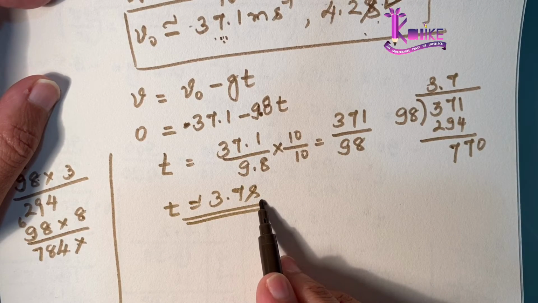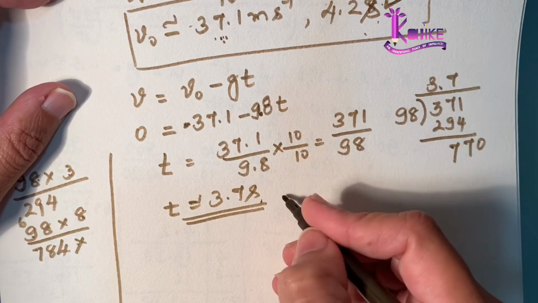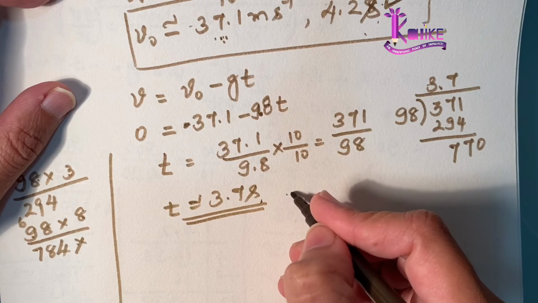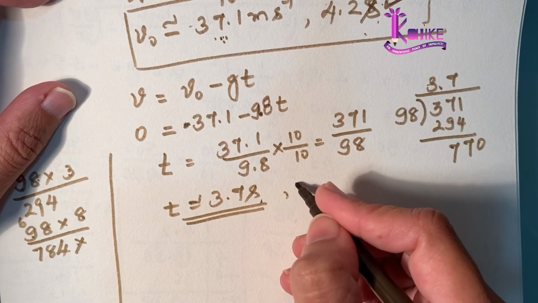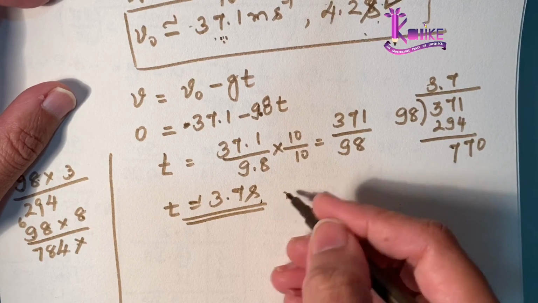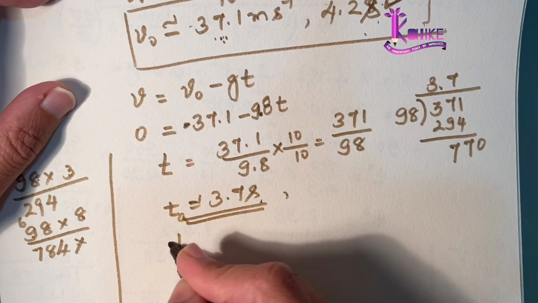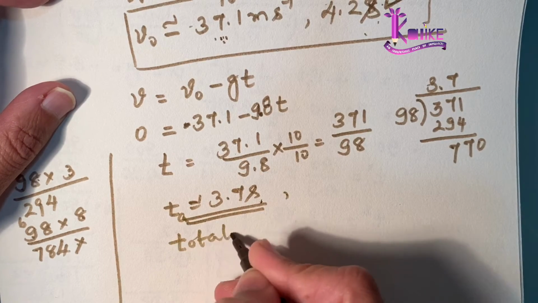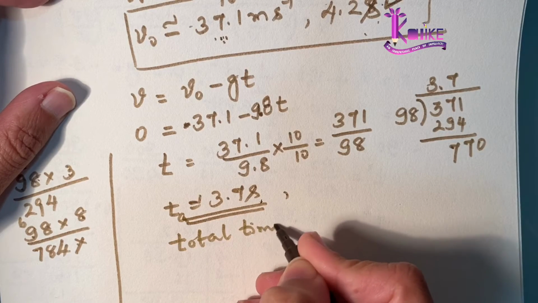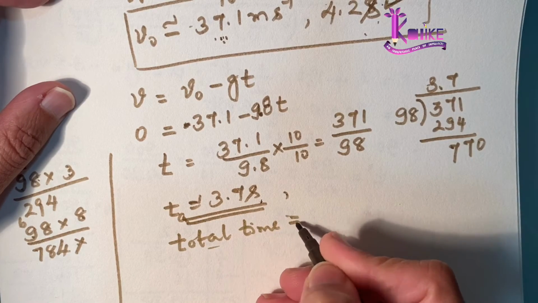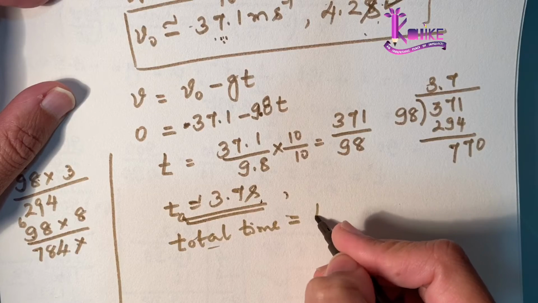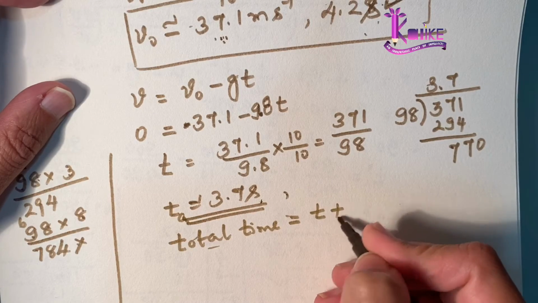At 3.7 seconds. So what happens at 3.7 seconds? At 3.7 seconds, the speed is actually 0 because it reaches the maximum height position. This is the time of ascent. So we know the total time it takes is equal to the time of descent plus the time of ascent.